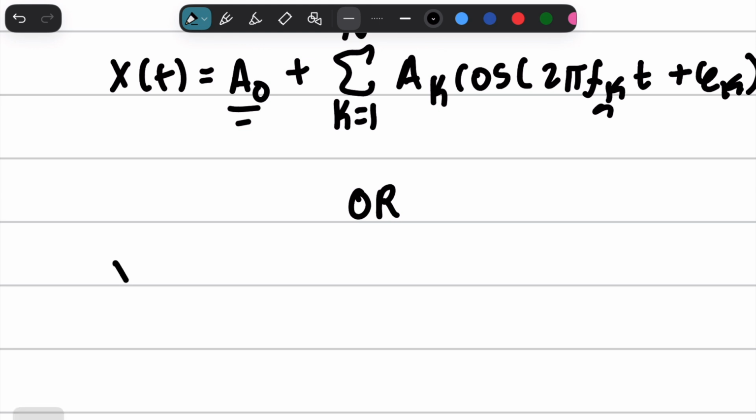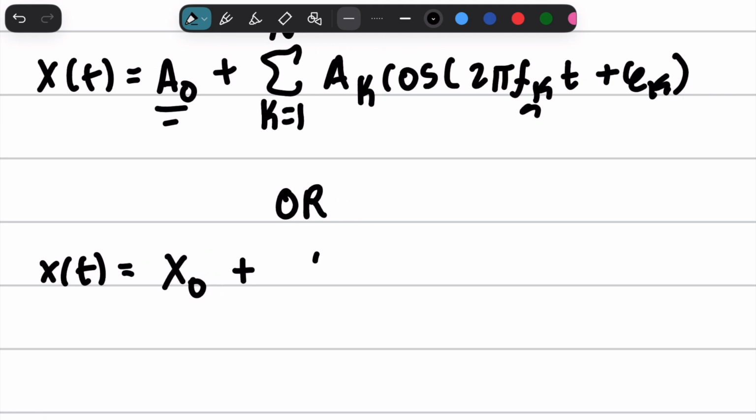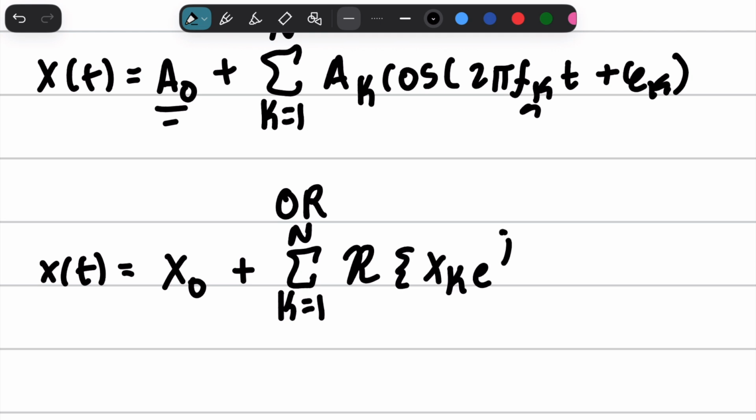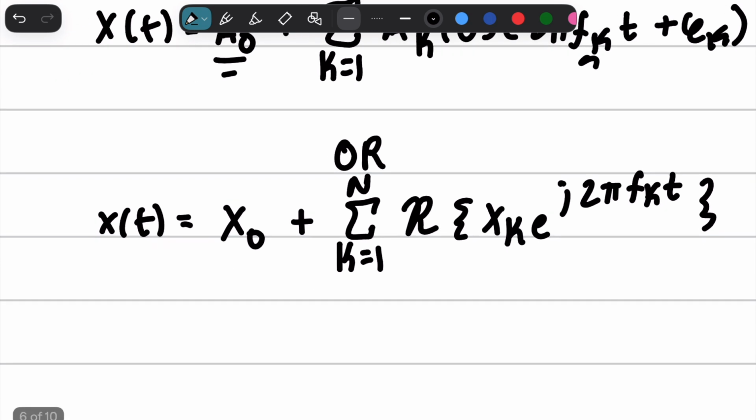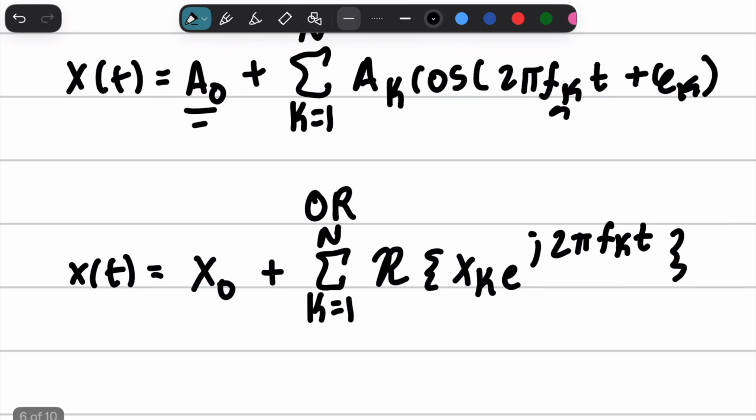So this same idea can be represented with this equation. And what's different here is that we take the real part of it. Cosine is considered the real part of the Euler identity, right?